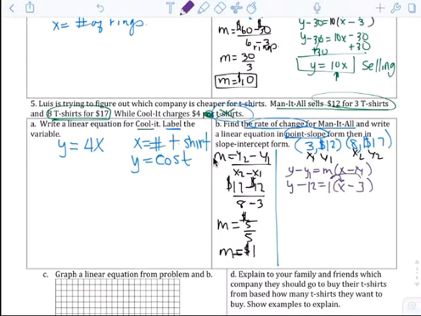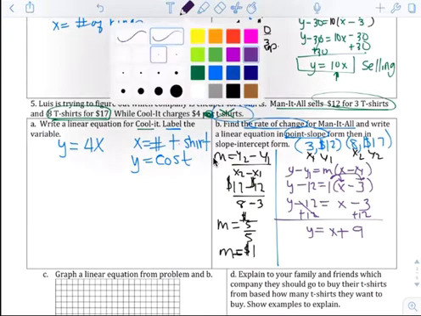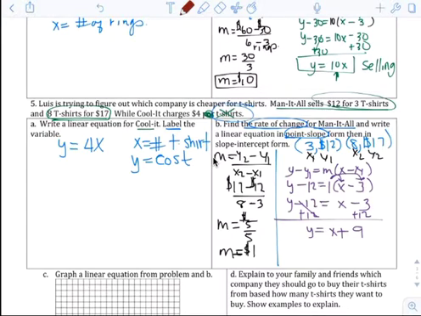Distribute. So y minus 12 equals 1x, or just x, minus 3. Add 12, you get y equals x plus 9. So basically $1 per t-shirt, but there's an entrance fee of $9 or something.